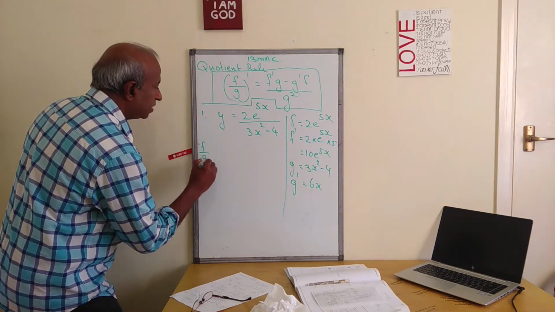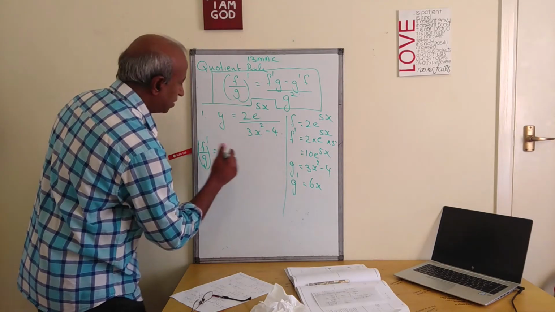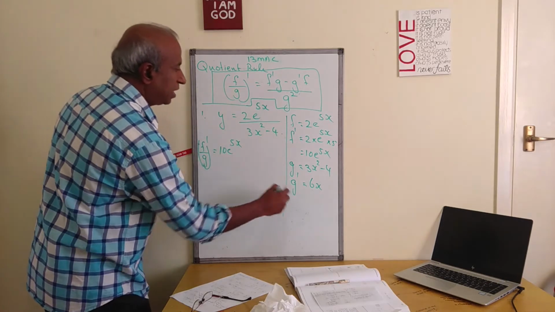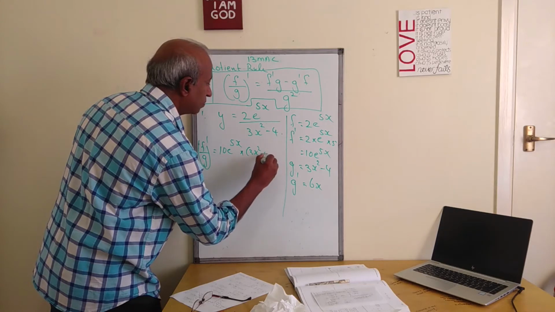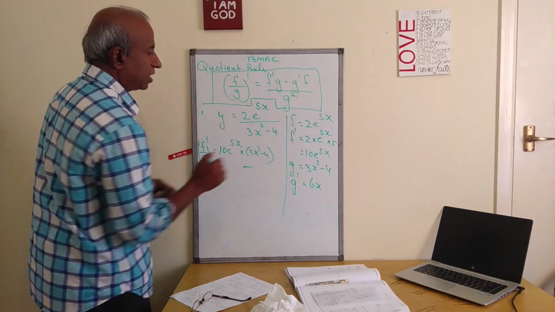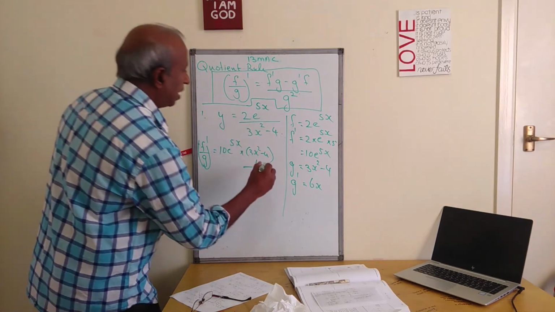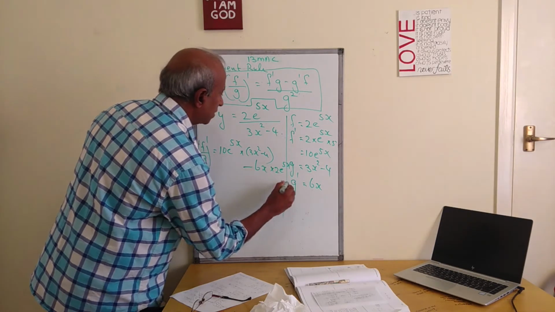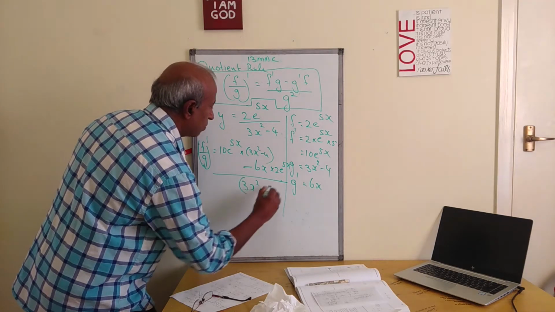So (f over g) dash is equal to f dash, which is 10 e to the power of 5x, times g, which is 3x squared minus 4, minus g dash, which is 6x, times f, which is 2 e to the power of 5x, divided by 3x squared minus 4, the whole thing squared.